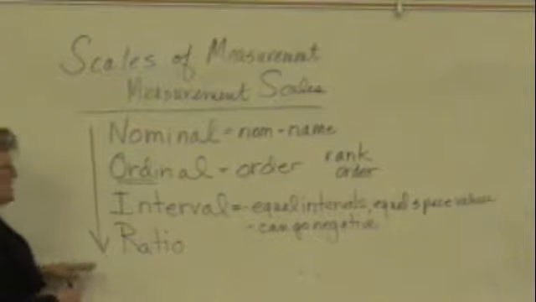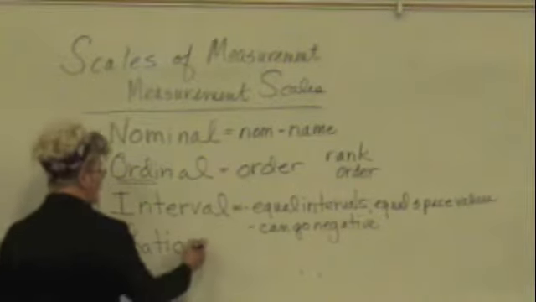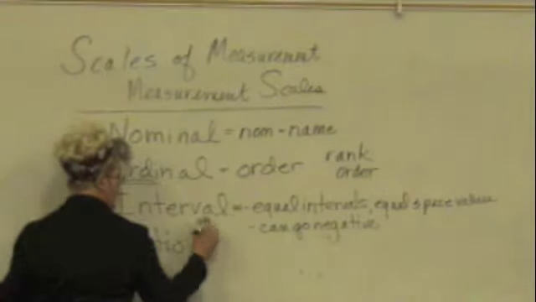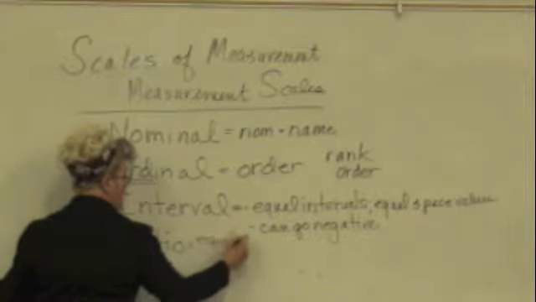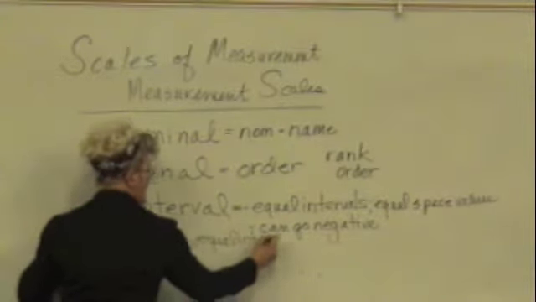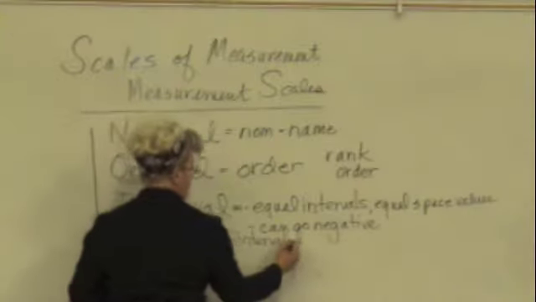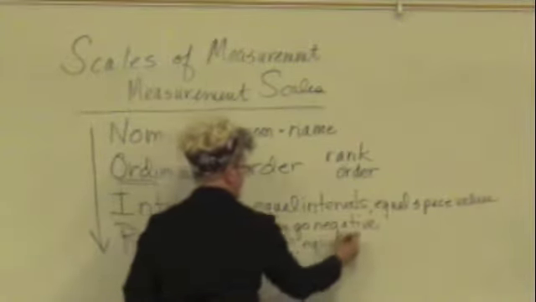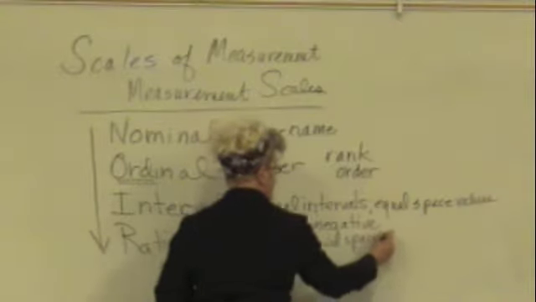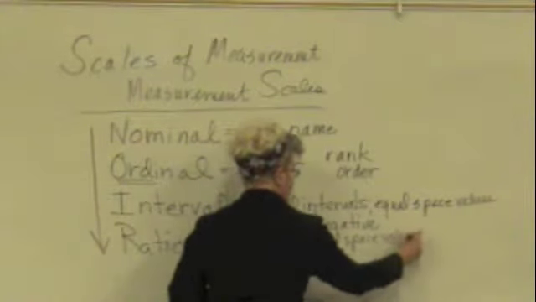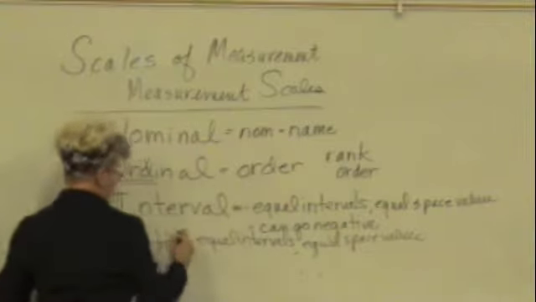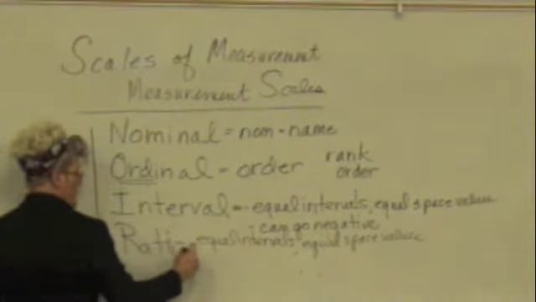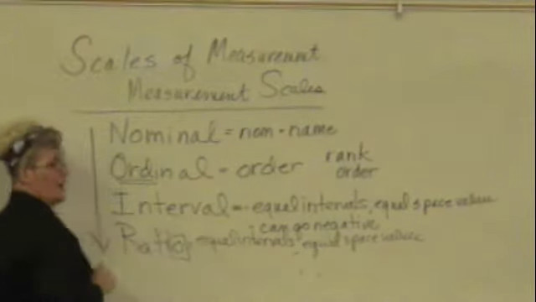When we get to ratio, it's the same thing, equal intervals. It shares this with interval. However, ratio has an O in it. See the O there?